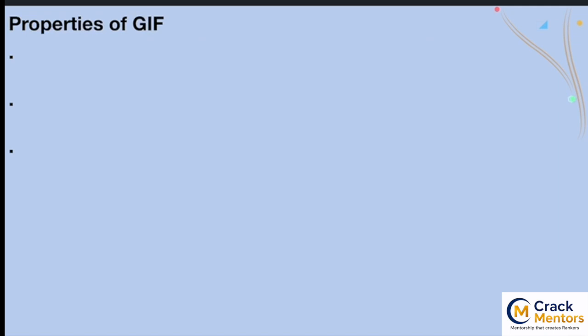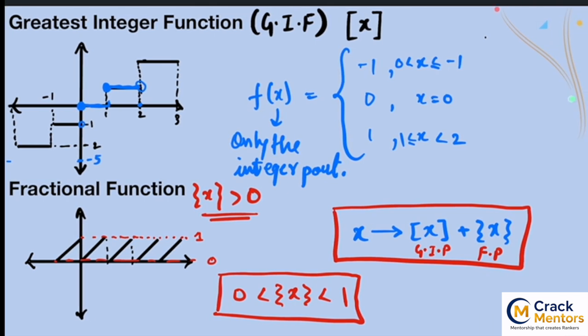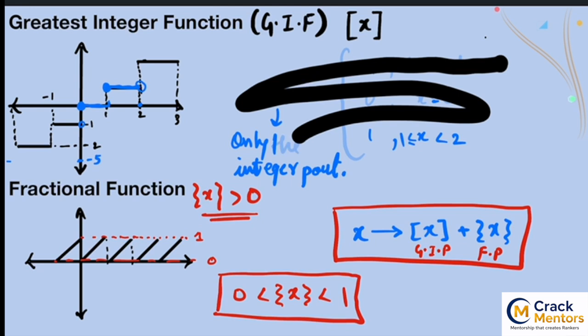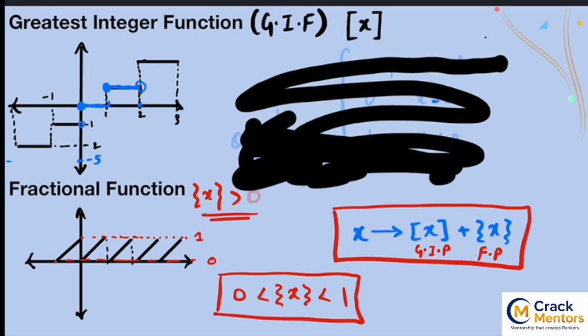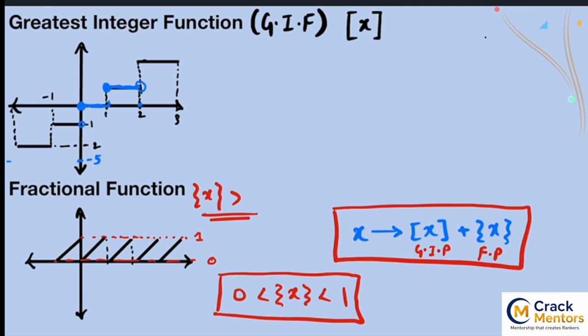So after seeing the graph, what properties come to our mind for the greatest integer function? If you see clearly, we can surely say that the greatest integer of any number, suppose a number is here, will always lie between this and this.